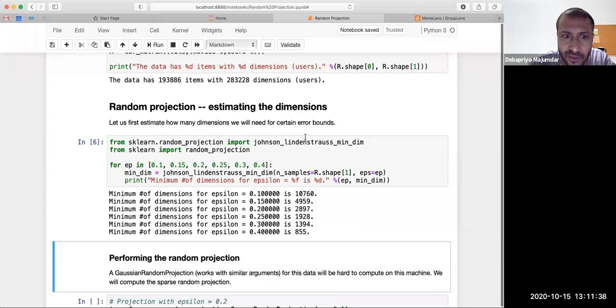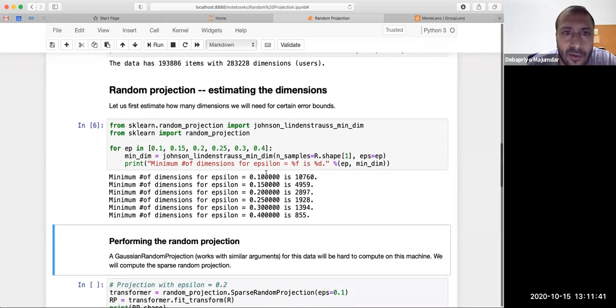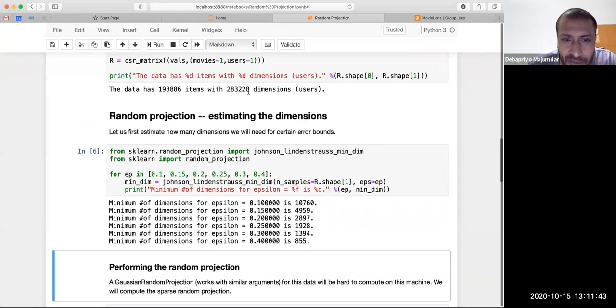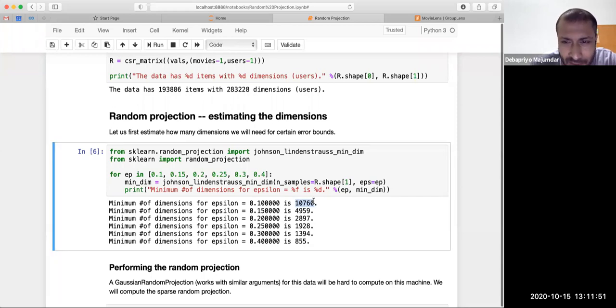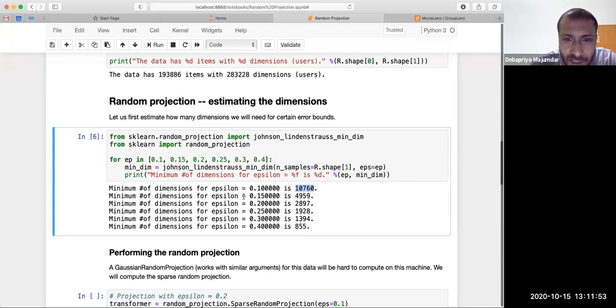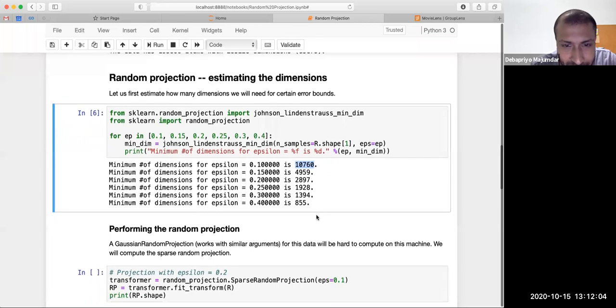Here our original dimension was around 300,000. If we want epsilon to be 0.1, then we need around 10,700 dimensions. If we are happy with 0.15, then we can go to around 5,000 dimensions. And if we are happy with 40% distortion, then we can go down to 855 dimensions.